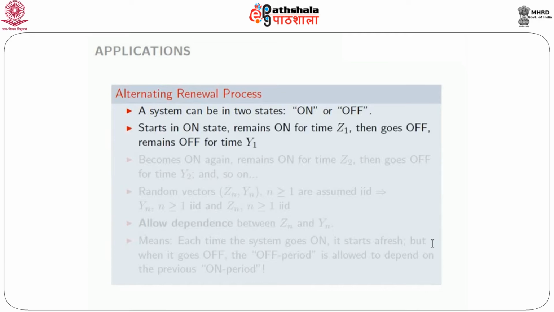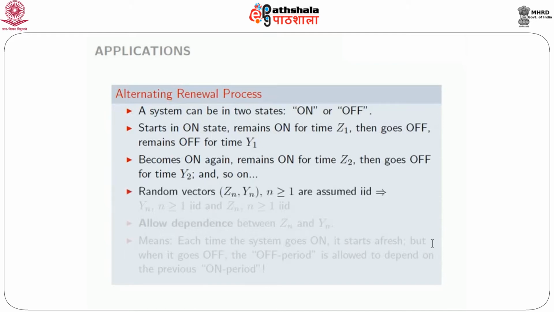It starts in the on state, remains on for a time Z1, then goes off, remains off for time Y1. It becomes on again, remains on for time Z2, then goes off for time Y2, and so on. This cycle of on followed by off, then on followed by off, for random times, continues. And this whole thing would be called a cycle.